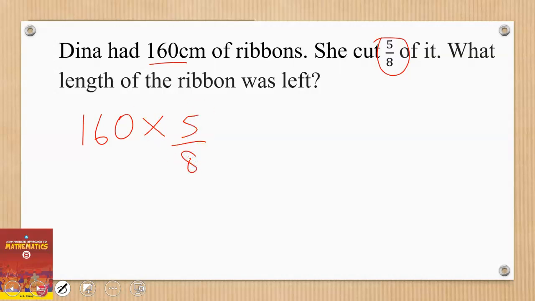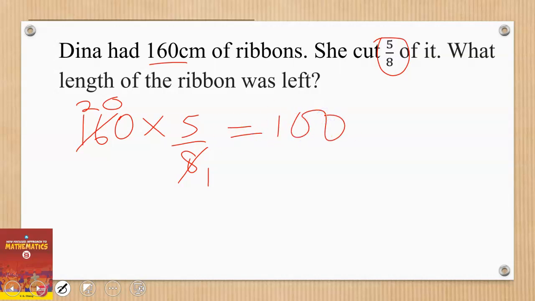Okay, so we simplify this. With our simple calculation, we can see that 8 can divide itself as 1 and 8 can divide 16 as 2. So we attach the 0 to make it 20. Now 20 times 5 will give us 100.